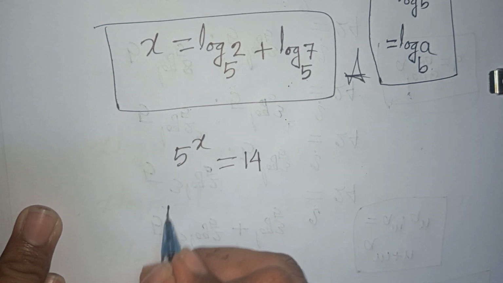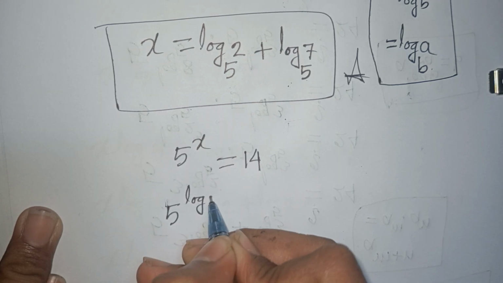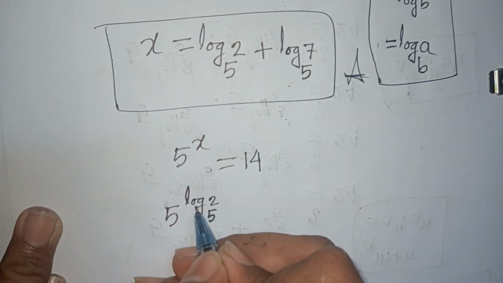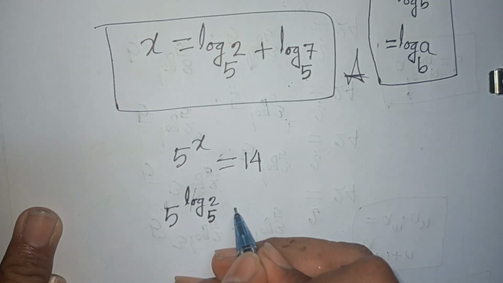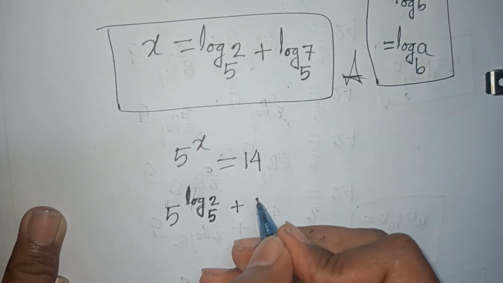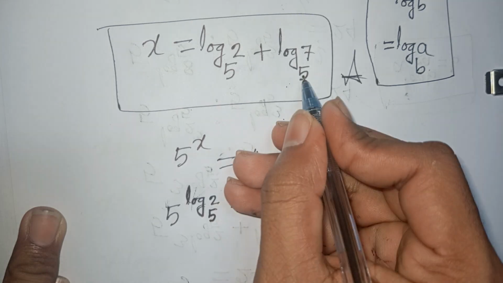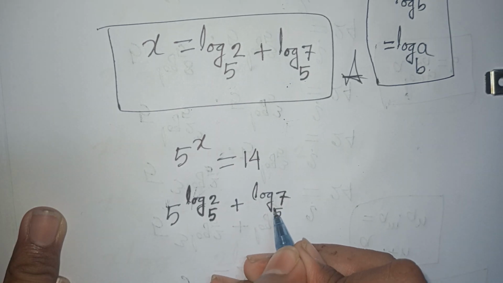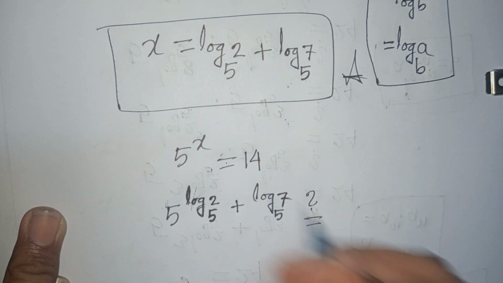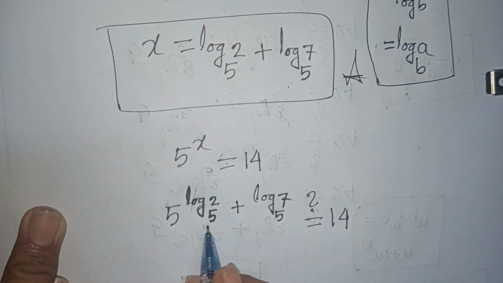Now 5^x means 5 to the power of log 2 base 5 plus log 7 base 5, then is equal to 14. 5 to the power of x means this.